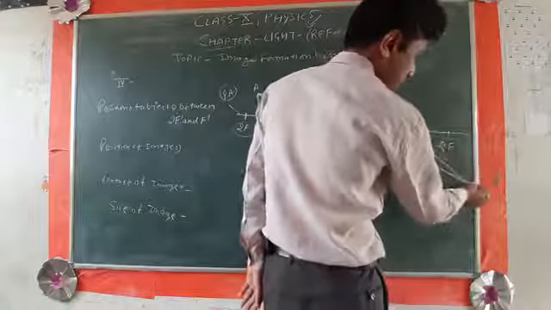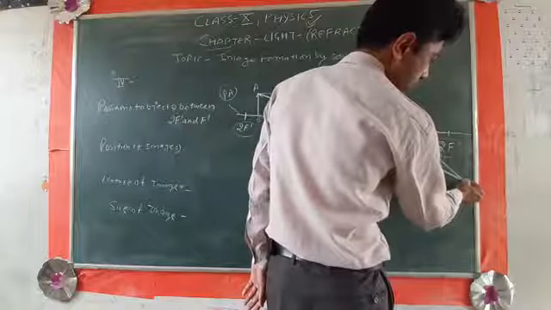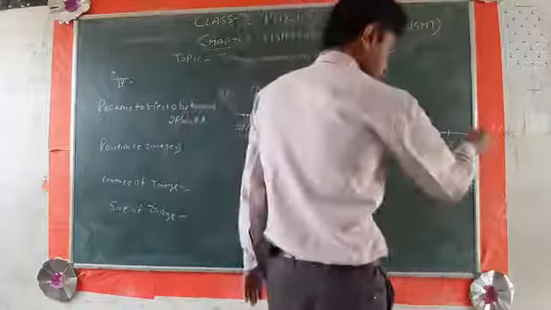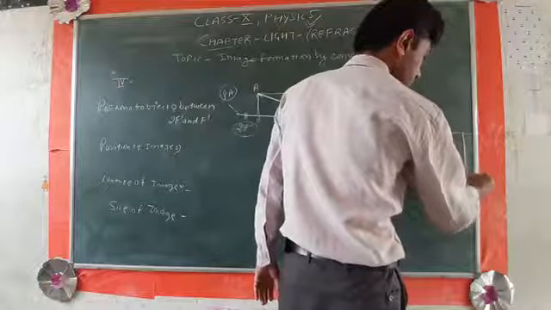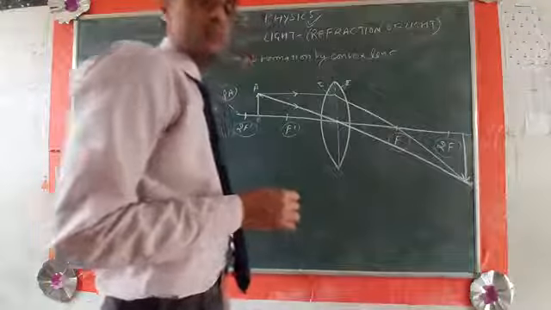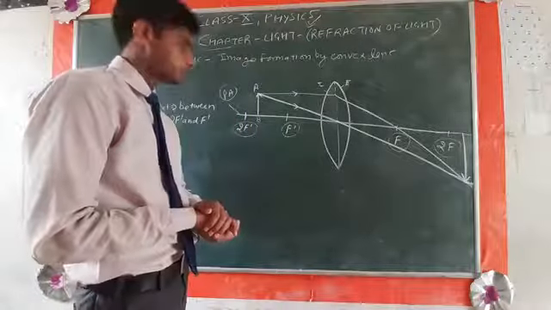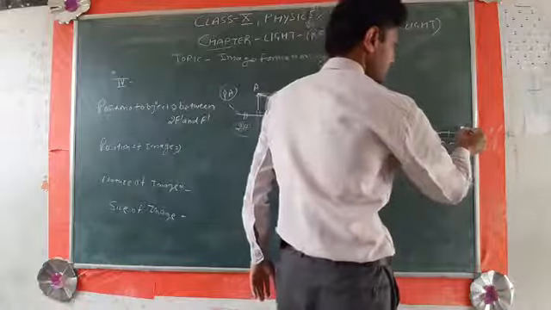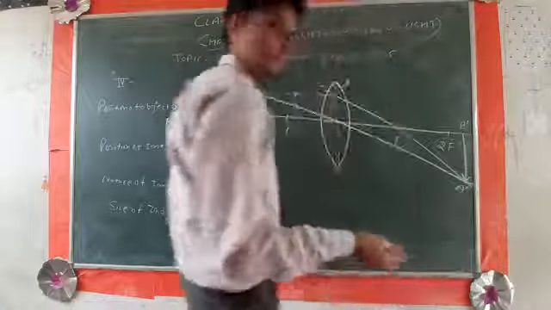And at this point they intersect each other. It means at this point we obtain the image of this object. This is AB and that is the image B dash A dash.